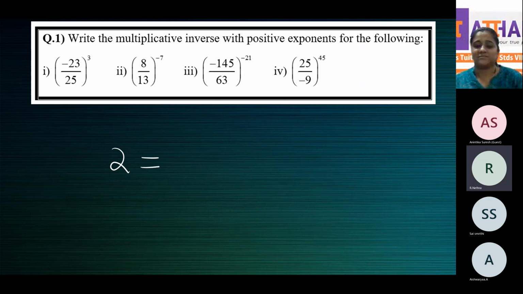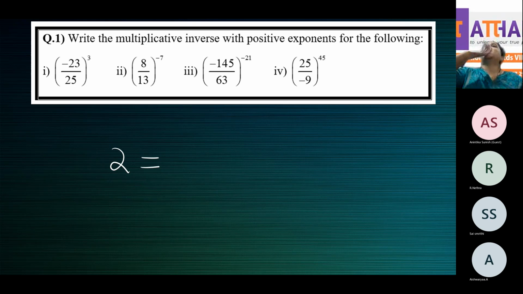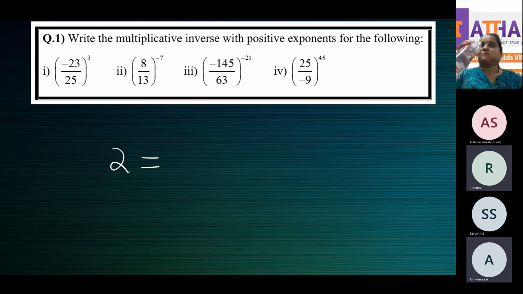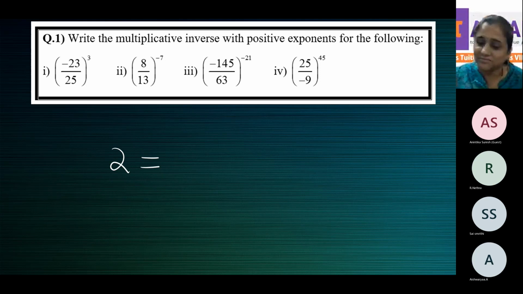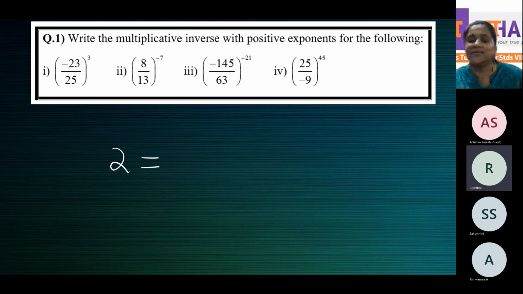Ma'am, 2 to the power 1. Ma'am, 1 by 2 to the power minus 1. Who's that? Aishwarya, very good. See, we have to use the rule correctly.